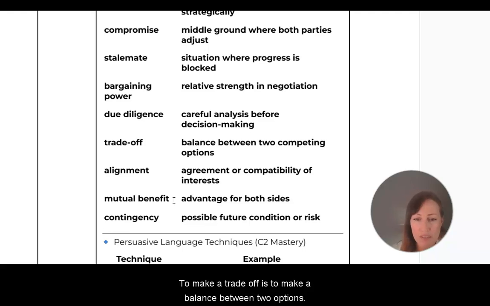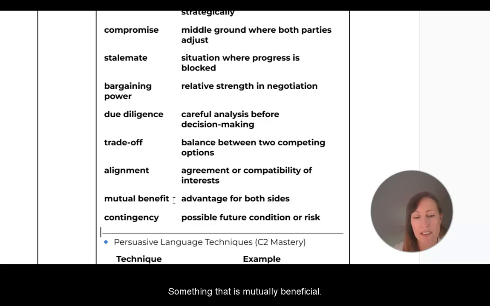To make a trade-off is to make a balance between two options. You know, you can use this in compromising as well. An alignment, to align your ideas, to agree, the compatibility. Something that is mutually beneficial. It has a mutual benefit. Both parties have a benefit, win-win situation.